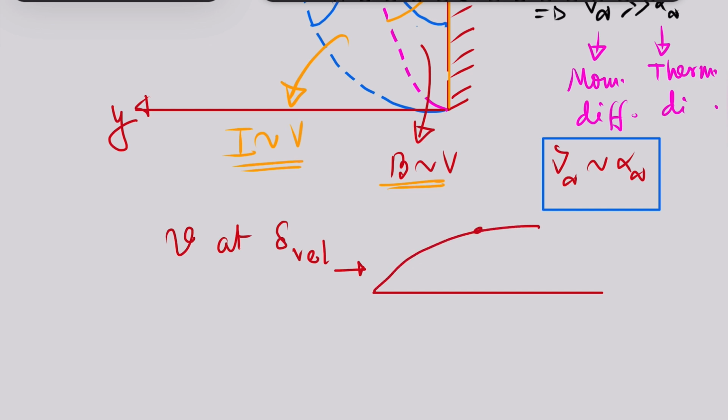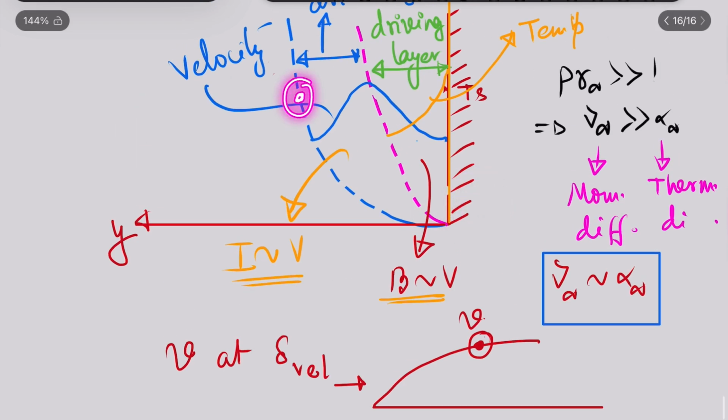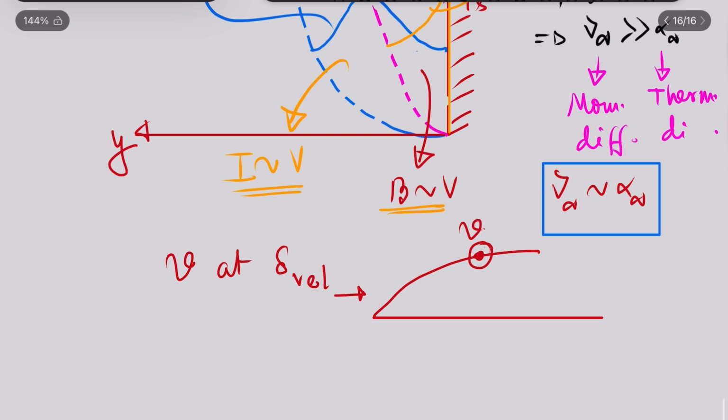So here also we have v at the edge of the boundary layer. What is the difference between this v and this v, the y component of the velocity? You obviously can't tell any value, you have to tell me the nature of this v.